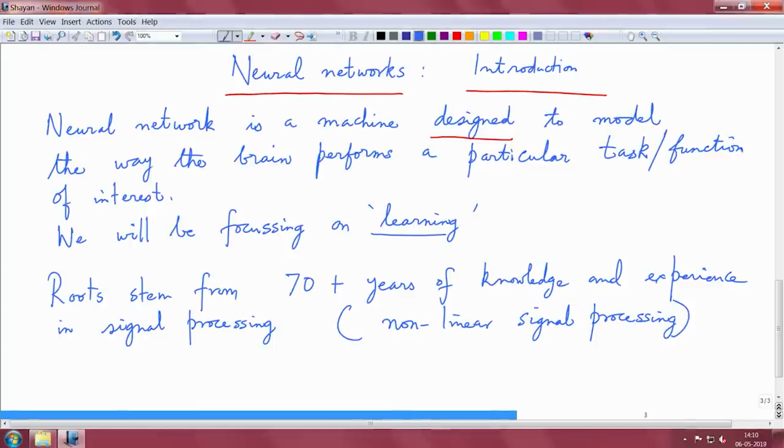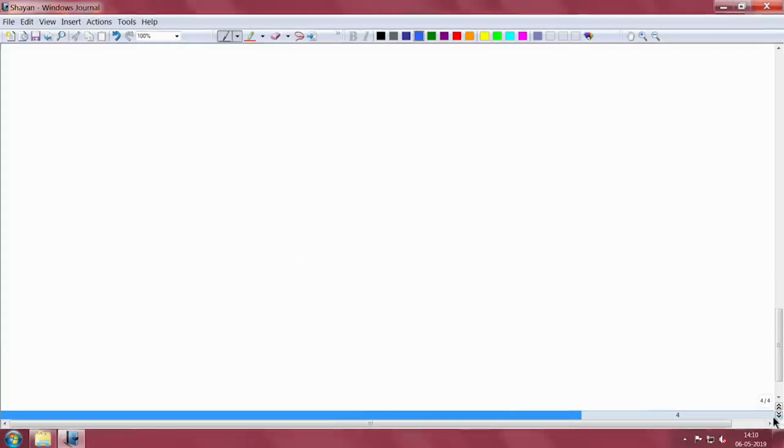So let us see a motivational example. Let us imagine we have points on a line that are like this. So I will use two different colors. So we have all these crosses.